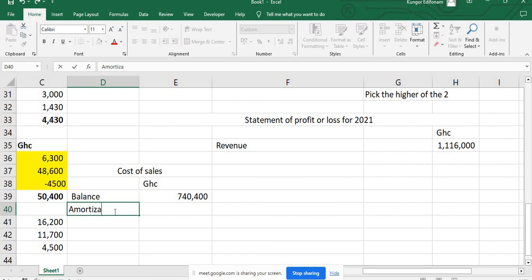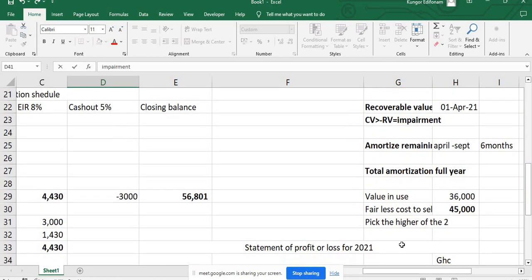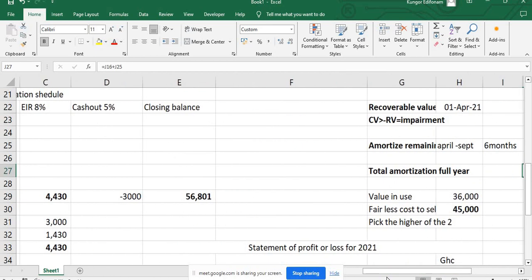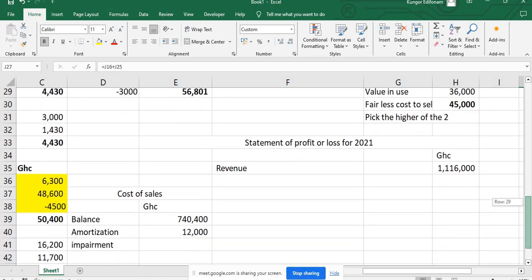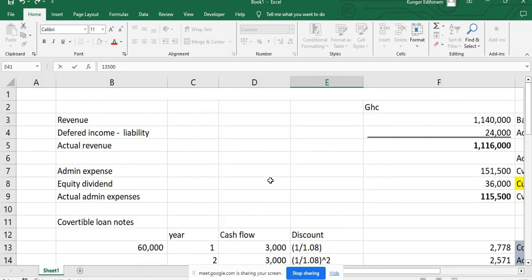Remember, the amortization you have is 12,000. And then you have impairment. We are not picking the figures from anywhere; we have it here. This is the impairment, 13,500, and this is the amortization. So let's go down. Impairment 13,500. And then let's go to PPE. PPE 2, we have the asset.